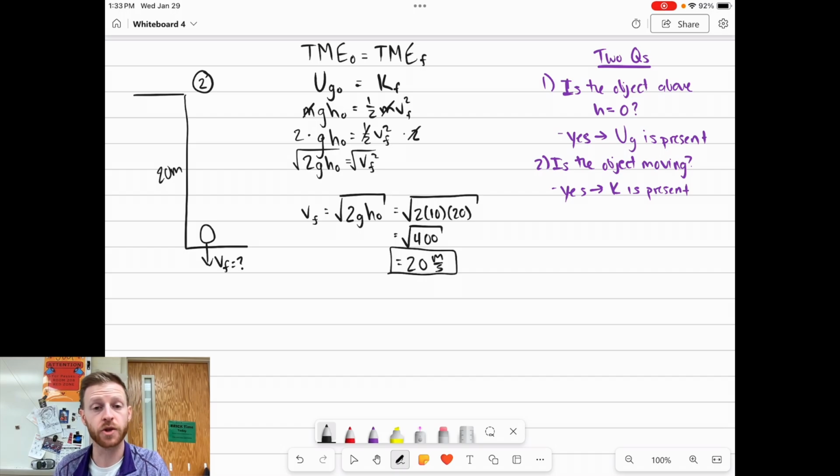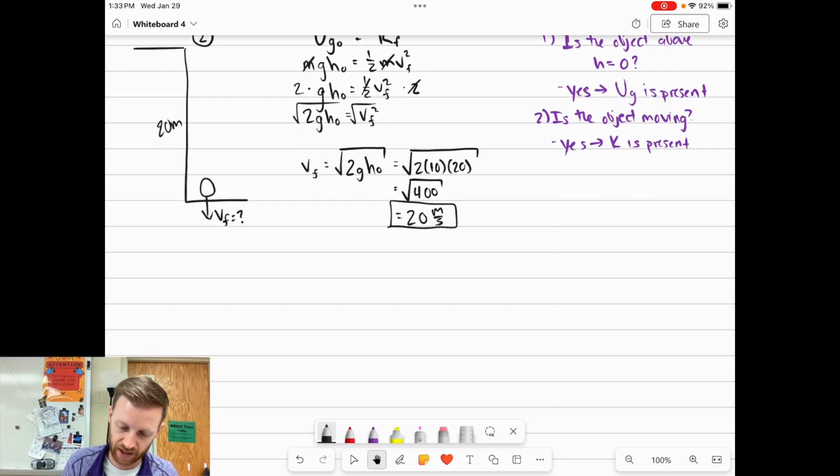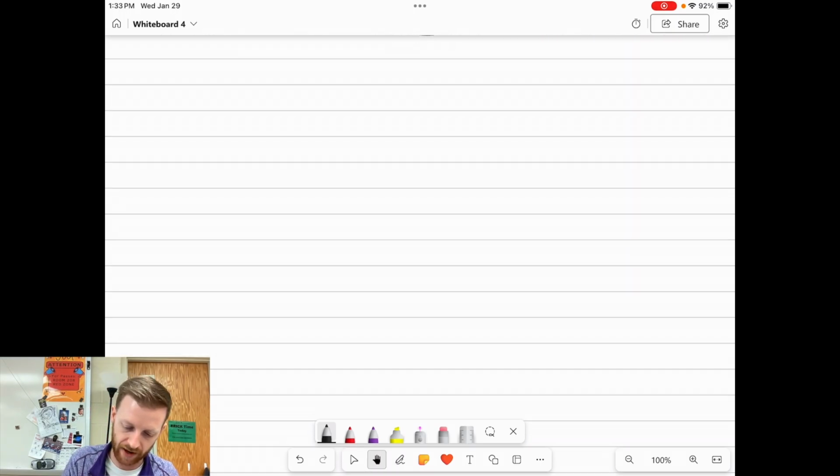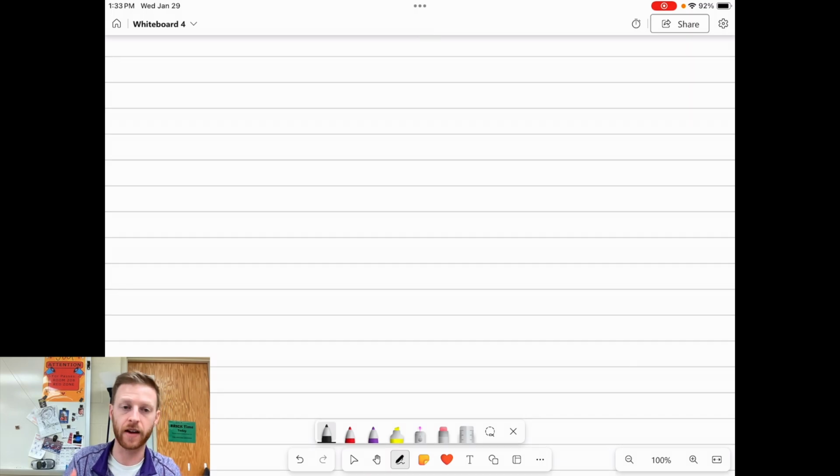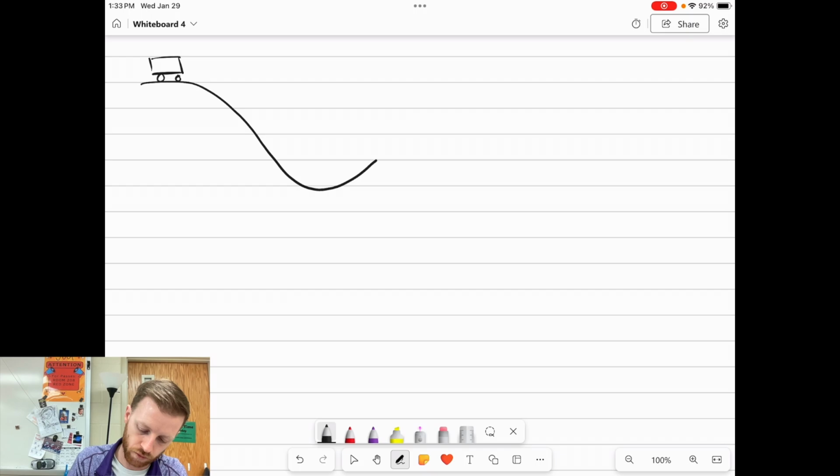Okay? So we're going to look at one more example, and we're going to add a little bit more into this now. Okay? So the second one is going to be a fan favorite of energy problem makers. We're going to look at a roller coaster. So at the top of this first hill, great roller coaster, okay?